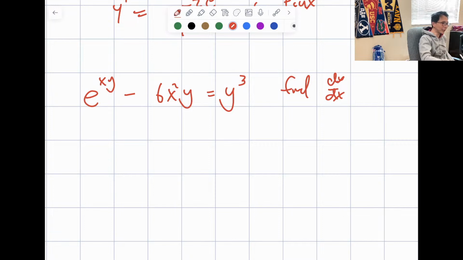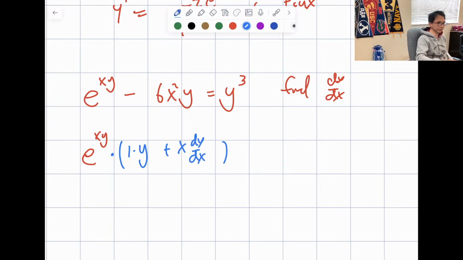Okay, be careful when you take the derivative of this though. The derivative of e to the xy is e to the xy, is that okay? Times x dy. And now, this is the part that you have to be careful about. There's a product rule for xy, so it's going to be 1y plus x dy dx. If you do this part, you're doing great.